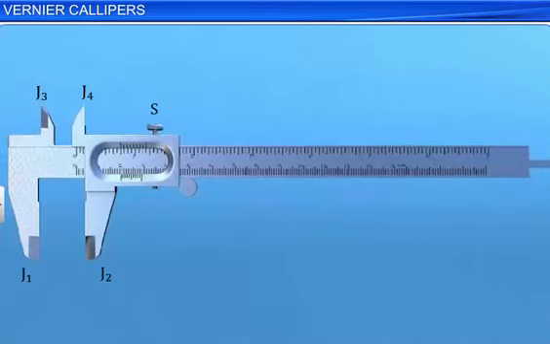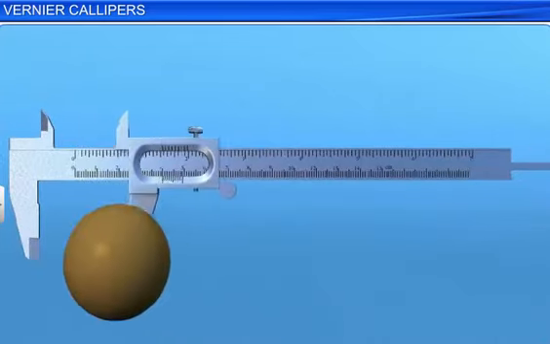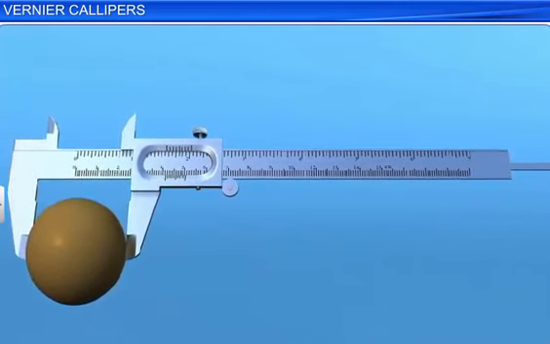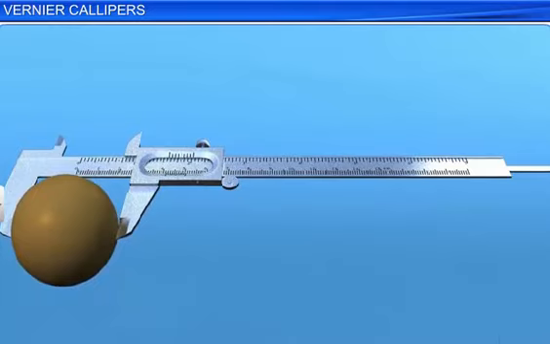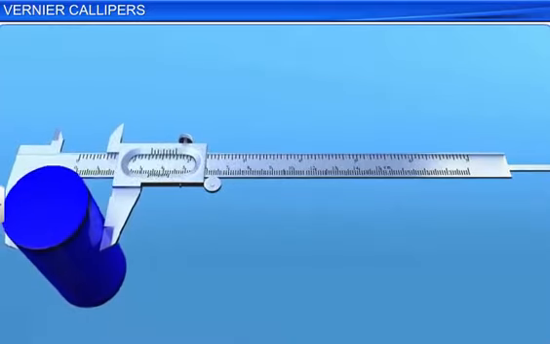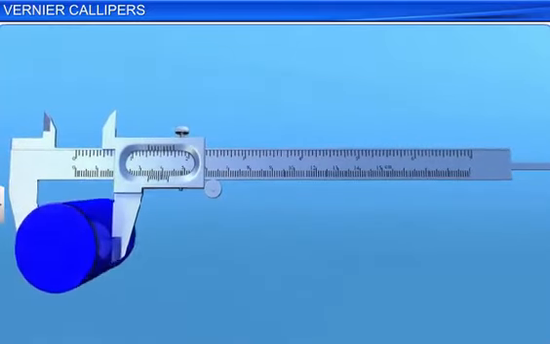The jaws on the lower side, J1 and J2, are called the external jaws. These jaws can hold the object firmly and help to measure the length of a rod, diameter of a sphere and external diameter of a cylinder, etc.